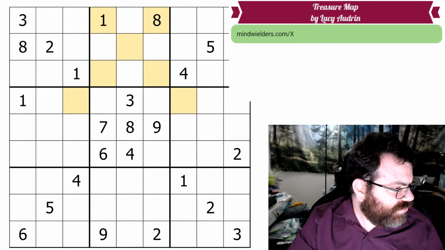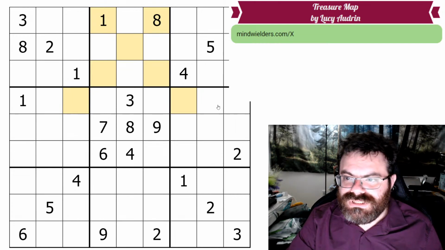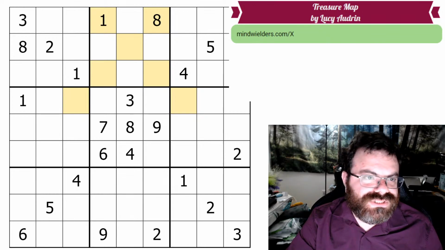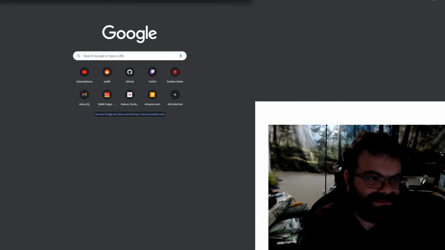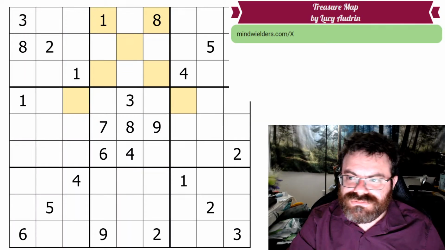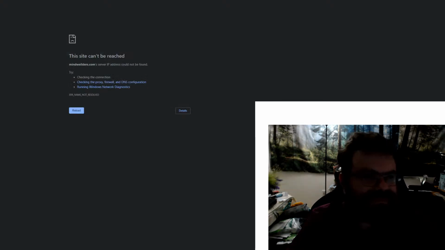All right, this is Treasure Map by Lucy. Looks like we have to go to a website. Must have spelled it wrong.